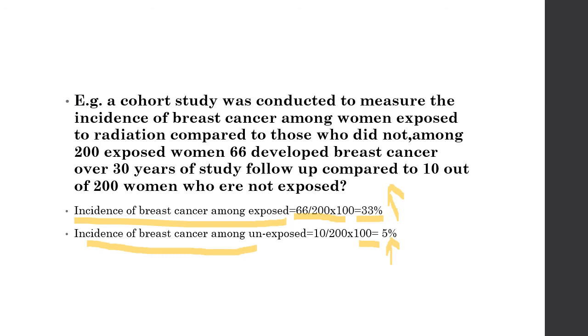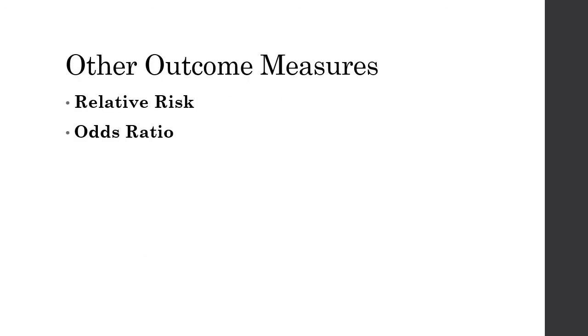Of course, there are other more sophisticated ways where you take into account different things to report different measures of outcome in a cohort study, and these are for you just to know the terms.